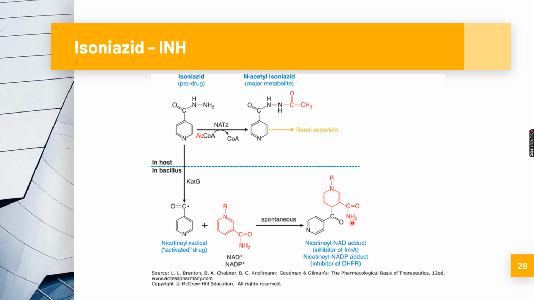Basically, they block the InhA enzyme and dihydrofolate reductase, and the final result is the inhibition of mycolic acid synthesis, thereby affecting the cell wall formation. For the drug which does not enter the bacillus, the drug will be metabolized by the N-acetyltransferase 2 enzyme, and the metabolite will be excreted in kidneys.